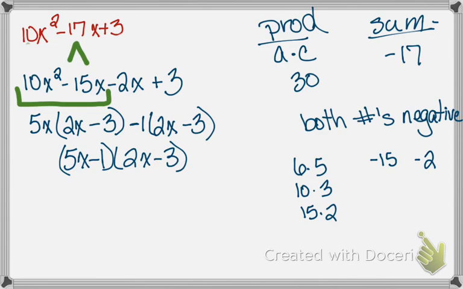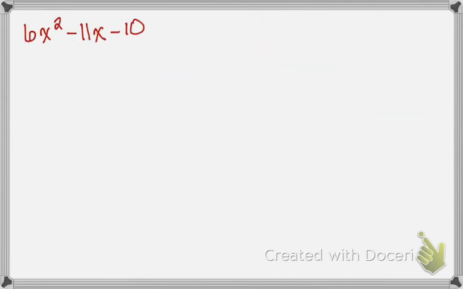Now I want you guys to try one on your own. I'm going to get you started though. My product for this one is my A times C. What's my product? 60. It's not 60. Be careful. Negative 60.